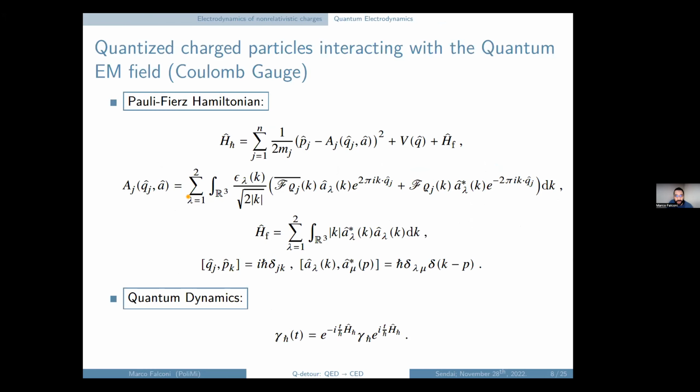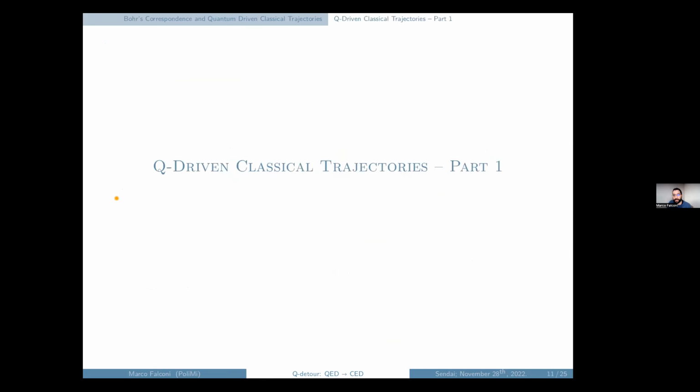So if in this object you substitute A and A star with alpha and alpha bar, and you forget about the hats, so you consider everything as ordinary classical objects, you obtain the classical electromagnetic potential. Okay.